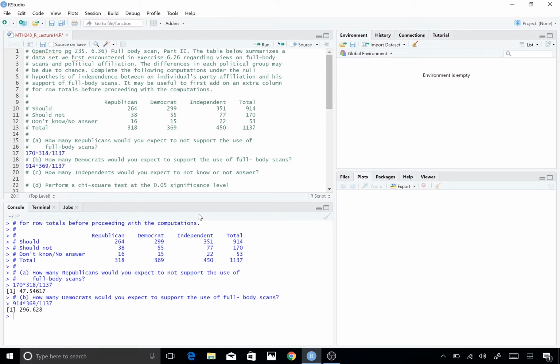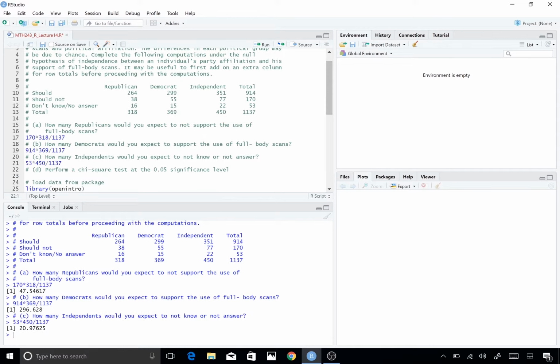And now, how many independents don't know? That is third row, third column, 53 times 450 divided by 1137, 20.98.